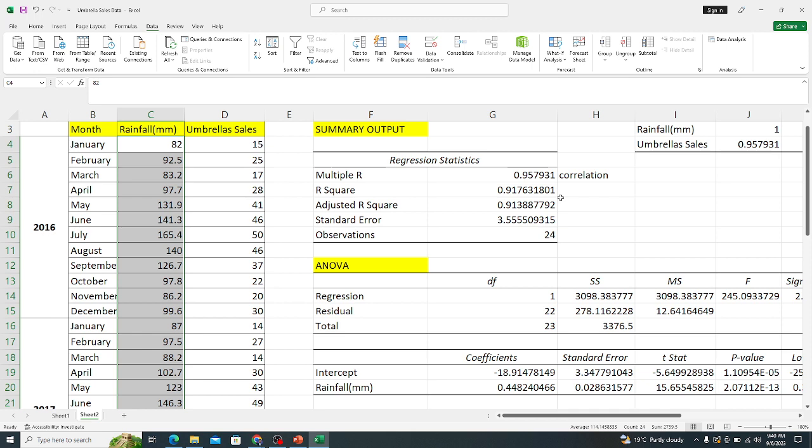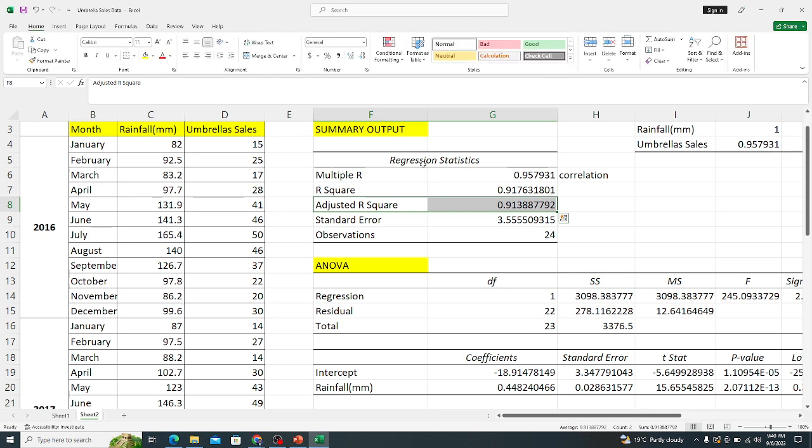Then we have adjusted R squared. I remember in our last class I told you that adjusted R squared is used when we are talking about multiple linear regression. Why do we have the difference?